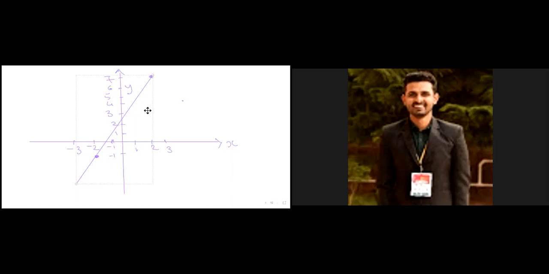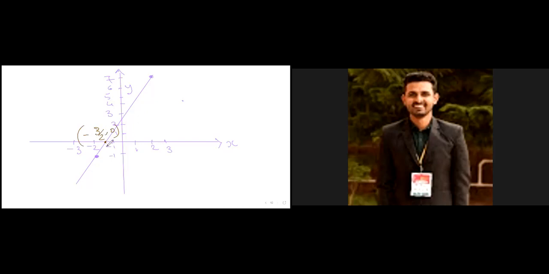Then you can see the intersection. This line is intersecting the x-axis at this point. This is 1.5, right? So I can write this as minus 3 by 2 comma 0.